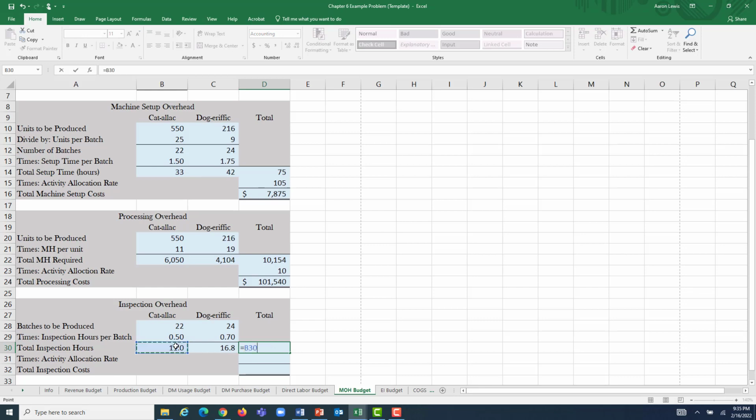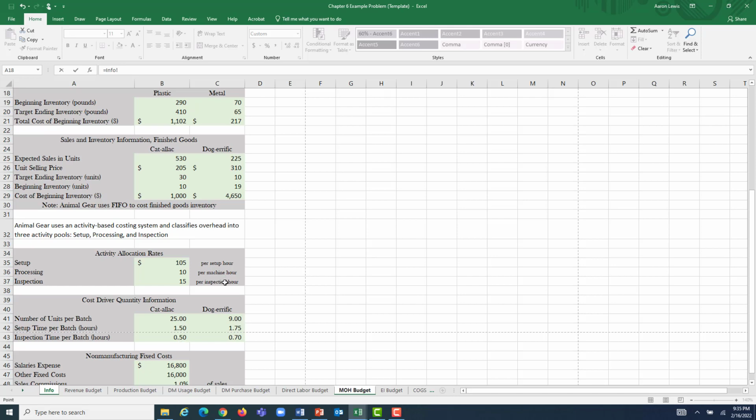So if we put those two numbers together, inspecting all of the products that Animal Gear is going to make is going to take 27.8 hours. Okay, that's good because that's our driver for this activity.